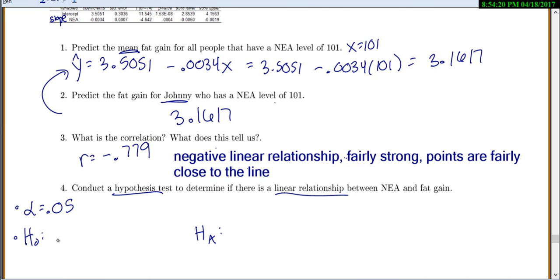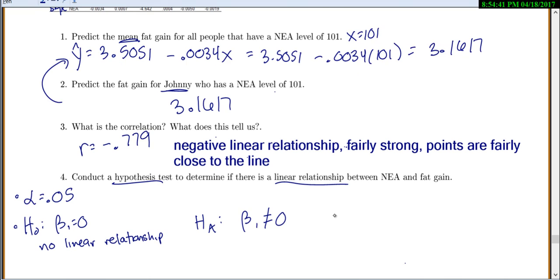The null hypothesis will always be that your slope is 0, meaning that there is no linear relationship. The alternative, in this case, we just want to see if there's a linear relationship. They didn't say if they think it's positive or negative, so we'll just say not equal to 0. And this means then that there is a linear relationship.